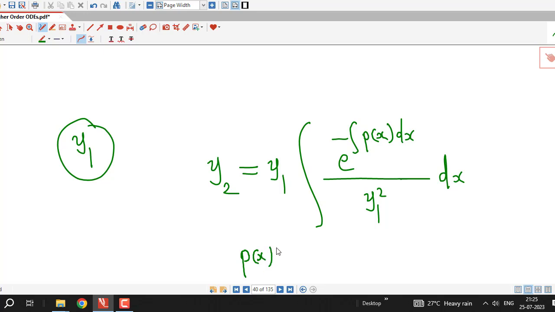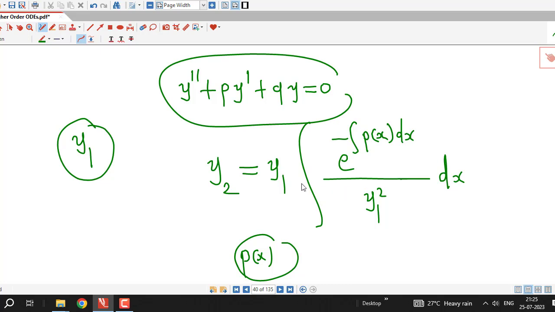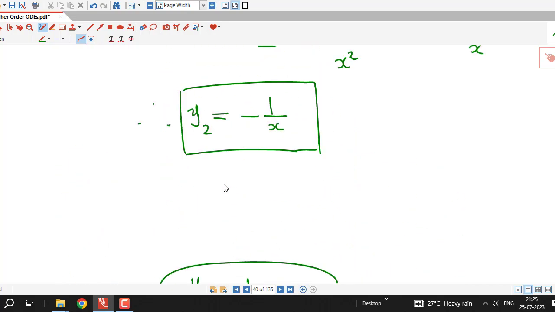And this p(x) is the coefficient of y dash in the differential equation y double dash plus p y dash plus q y equal to 0. And this method is for second order homogeneous linear differential equations, and coefficients can be variable also, no problem. If y1 is given, use this formula to obtain the second solution.